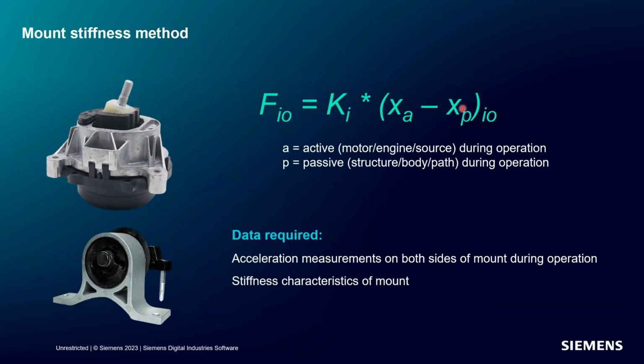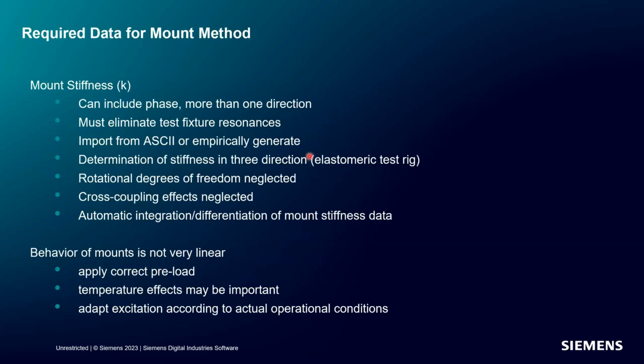We take the accelerations, change them to displacement, and from Hooke's law from a long time ago, we know F equals Kx, and we get the forces that way. So that means that for each path, if we're going to use this mount method, we're going to have two accelerometers, plus we have to get the mount stiffness values in order to do the measurement.